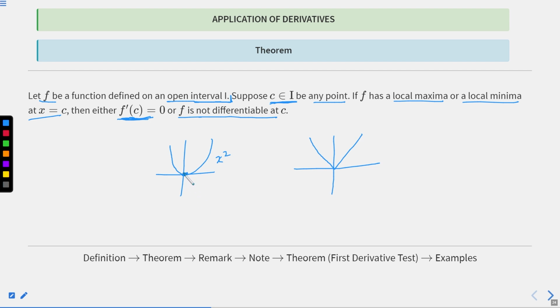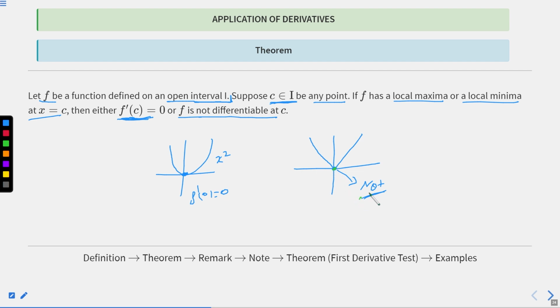At this point the derivative is 0, f prime 0 is equal to 0, but here it is not defined, not differentiable. The modulus function at 0 is not differentiable. Clear?